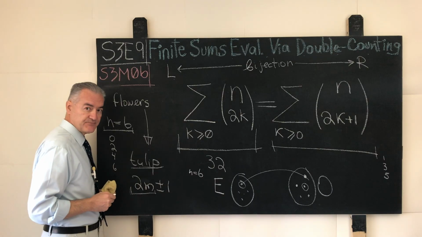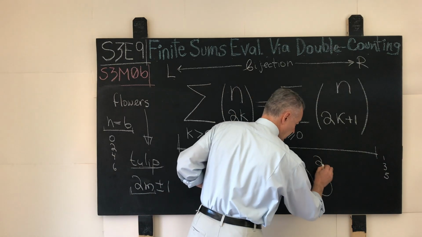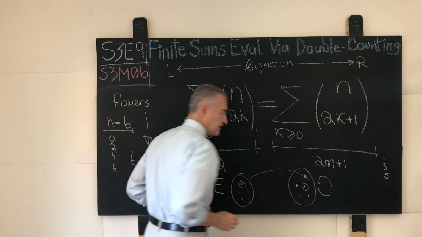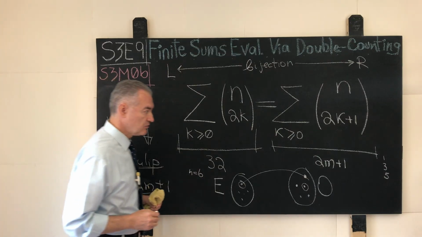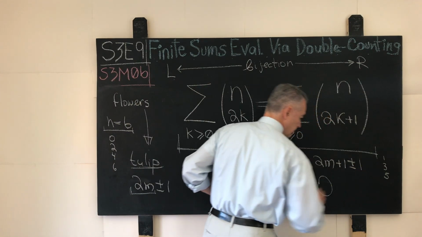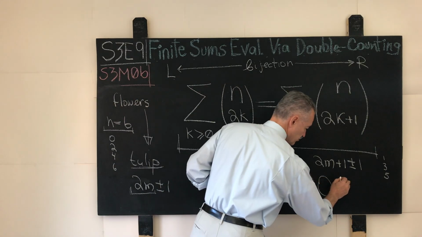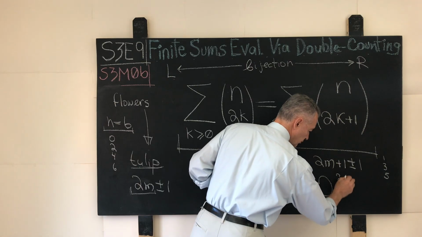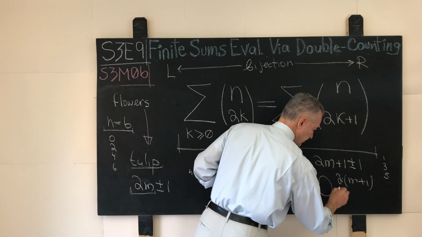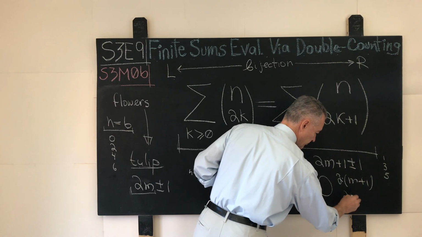And in this case, what happens? What we have is an originally odd number of flowers, let's say 2m plus 1, and we add or subtract 1 from it. And in the first case, we get 2m plus 1 plus 1, which is 2 times m plus 1, which is even, or we get 2m plus 1 minus 1, or we get just 2m.